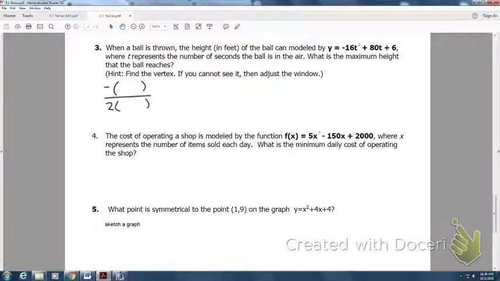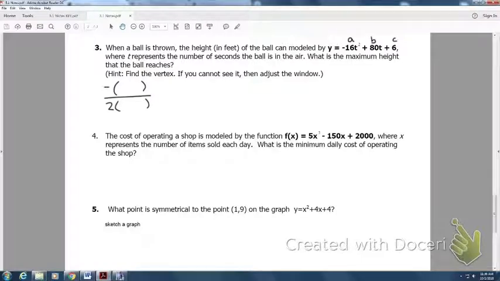On this problem it says, when a ball is thrown, the height of the ball can be modeled by y equals negative 16t squared plus 80t plus 6, where t is the number of seconds the ball is in the air. What is the maximum height that the ball reaches? So, Elisabetta, what is the b value?